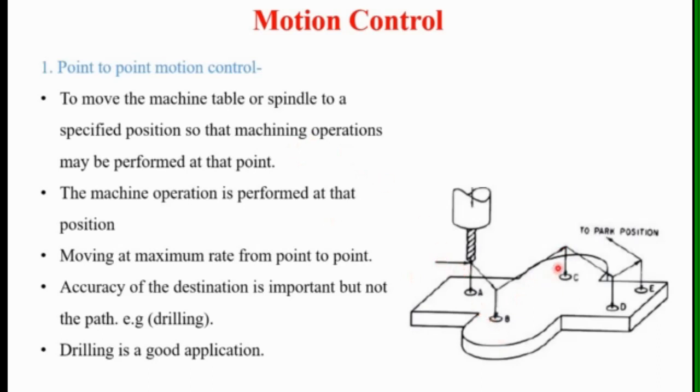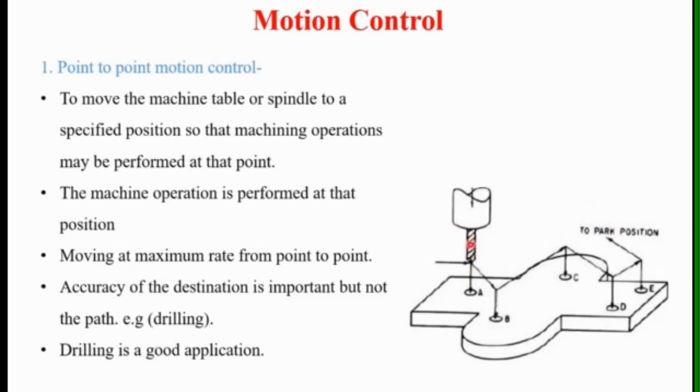The machining operation is performed only at these positions. The tool moves at maximum rate from point to point. Accuracy of the destination is important here, but not the path.